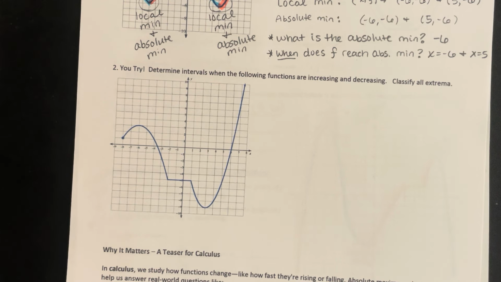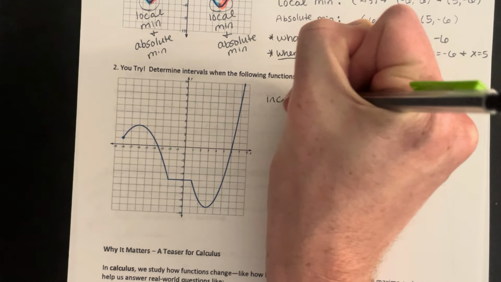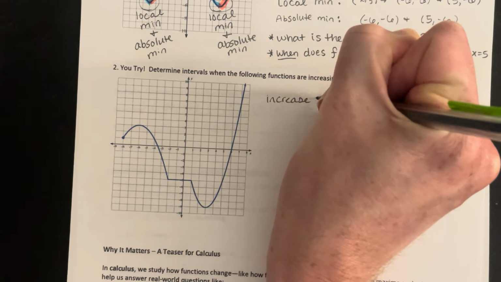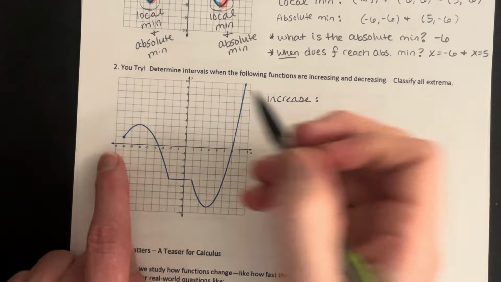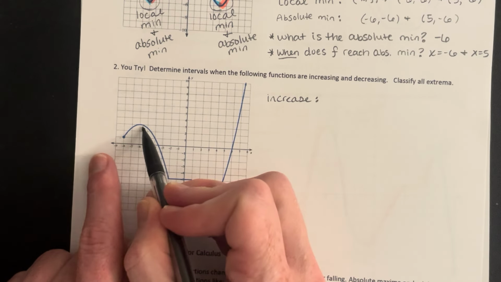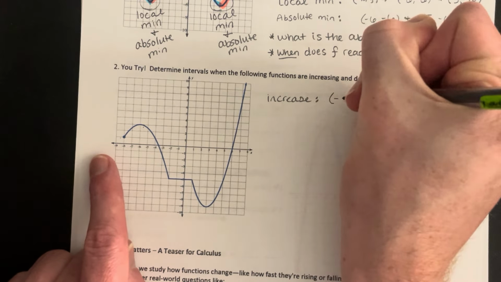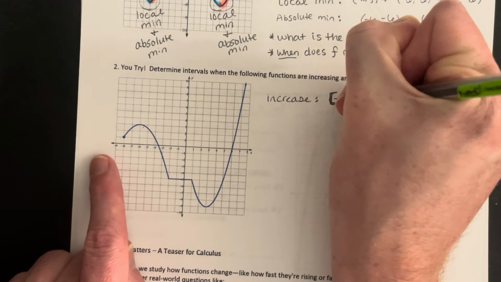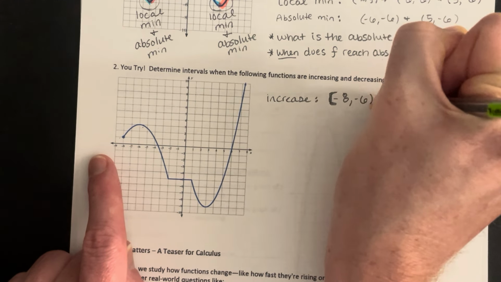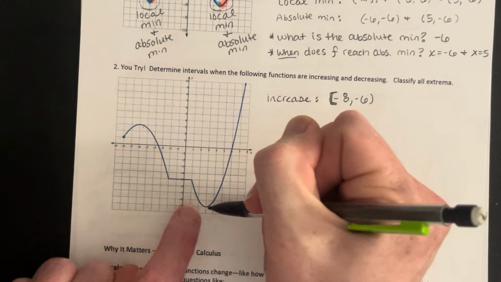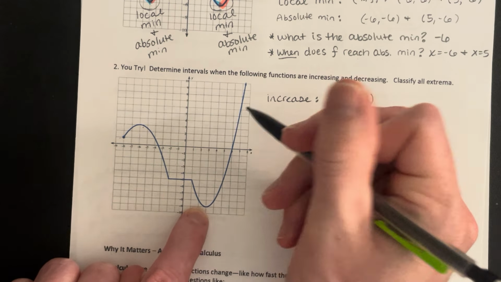All right, so if you've paused and you've done it on your own, and you're ready to check your answer, this would show an increase section that is from -8 to -6. And then another increase that is from 3 to infinity.